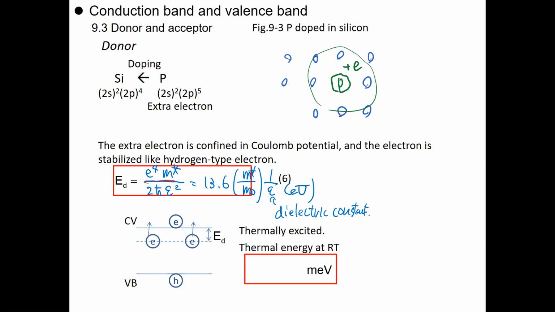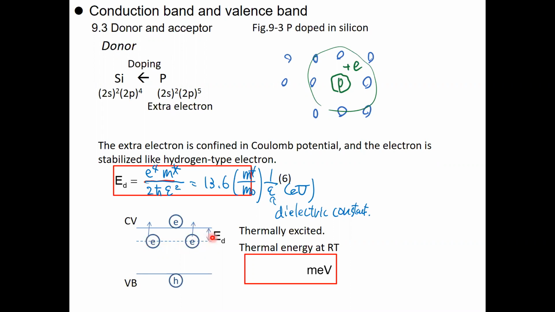The thing is, these doped electrons, extra electrons, have an energy level, E_D. If E_D is lower than the conduction band, there are some energy levels for this electron state.